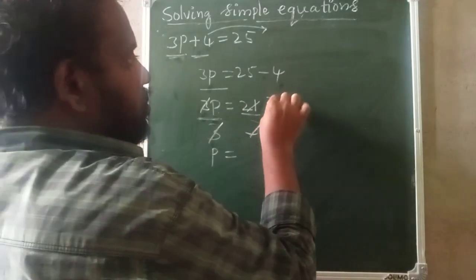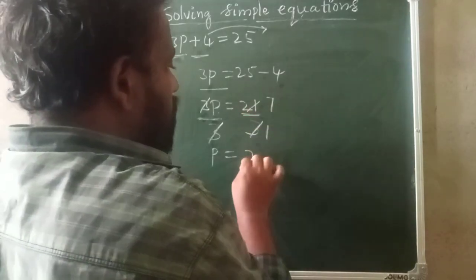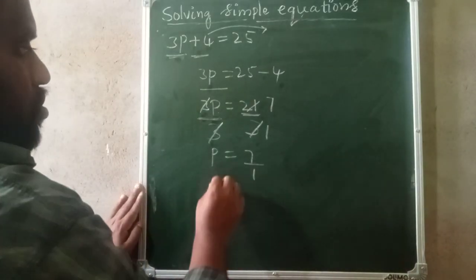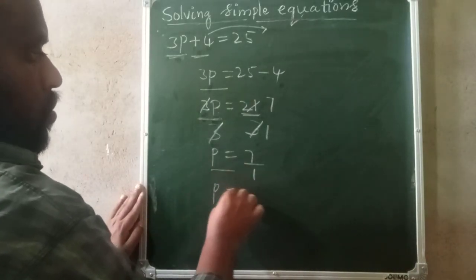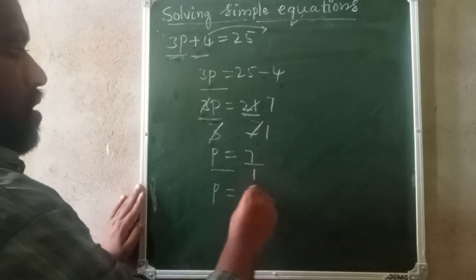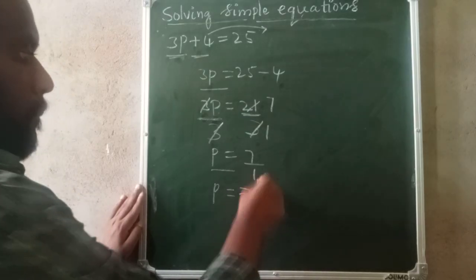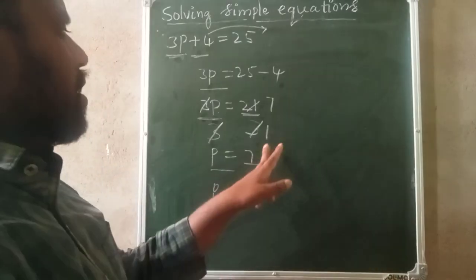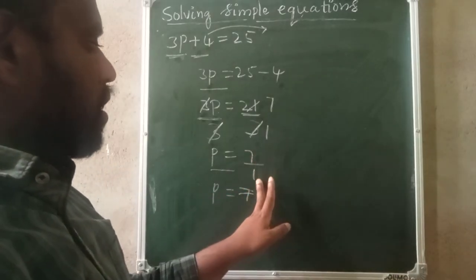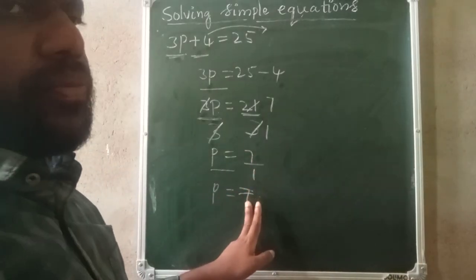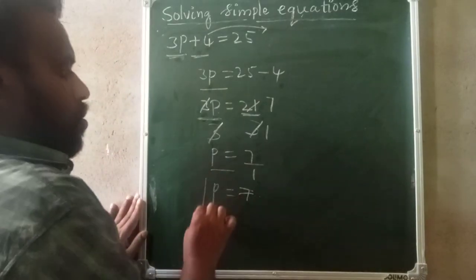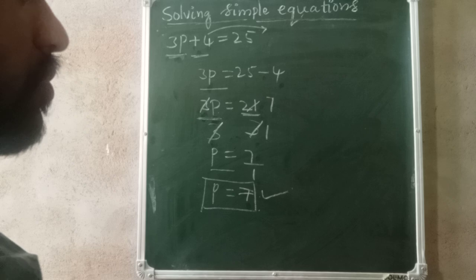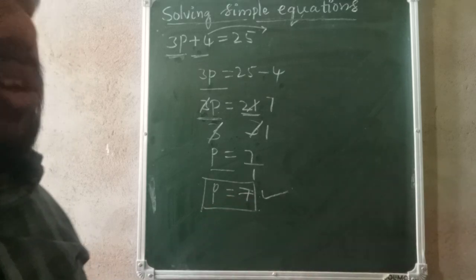So now we have 7 over 1. Next step, write p is equal to 7 by 1, which is 7 only, because any number divided by 1 gives the same number. Now p is equal to 7 is the answer.